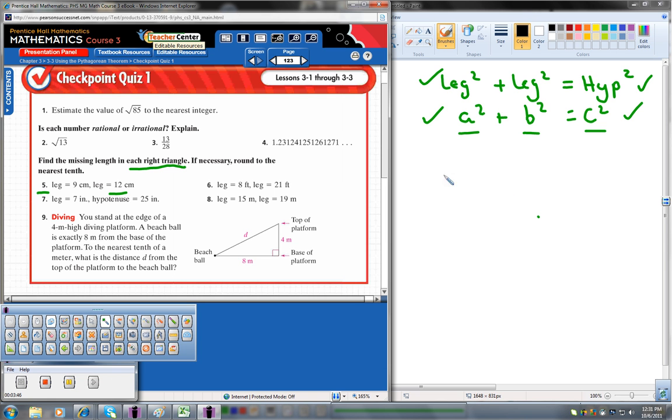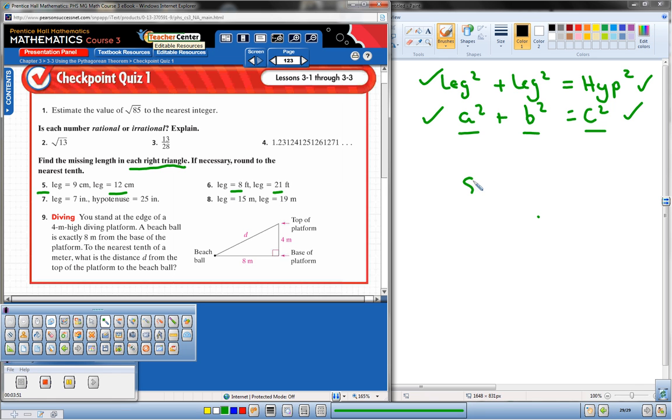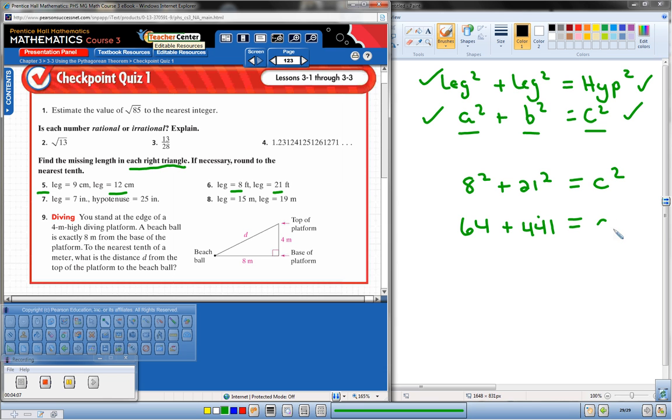Problem number 6, again, we have two legs. So 8 squared plus 21 squared will equal the missing side, which has to be the hypotenuse, since they don't give it to me. 8 squared is 64. 21 squared, I believe, is 441. And that should equal c squared. 64 plus 441 is 505.